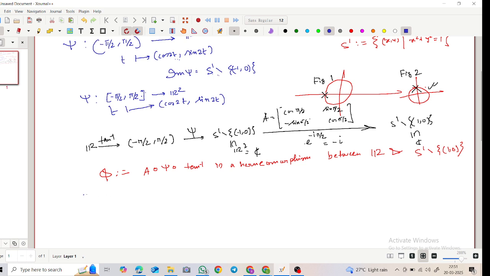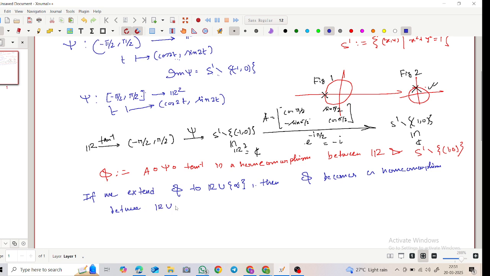So if we extend phi to R union infinity, then phi becomes a homeomorphism between R union infinity, that is the extended real line, and S1.